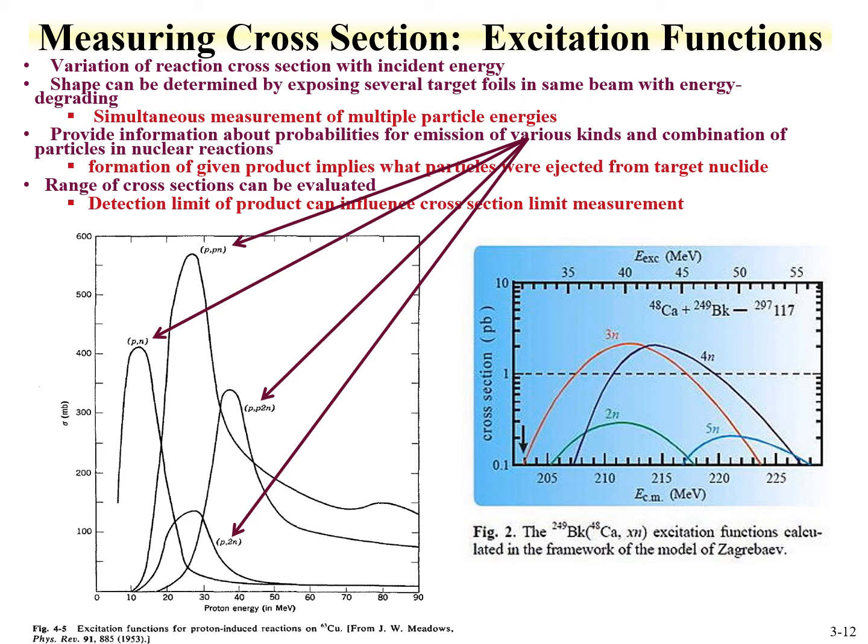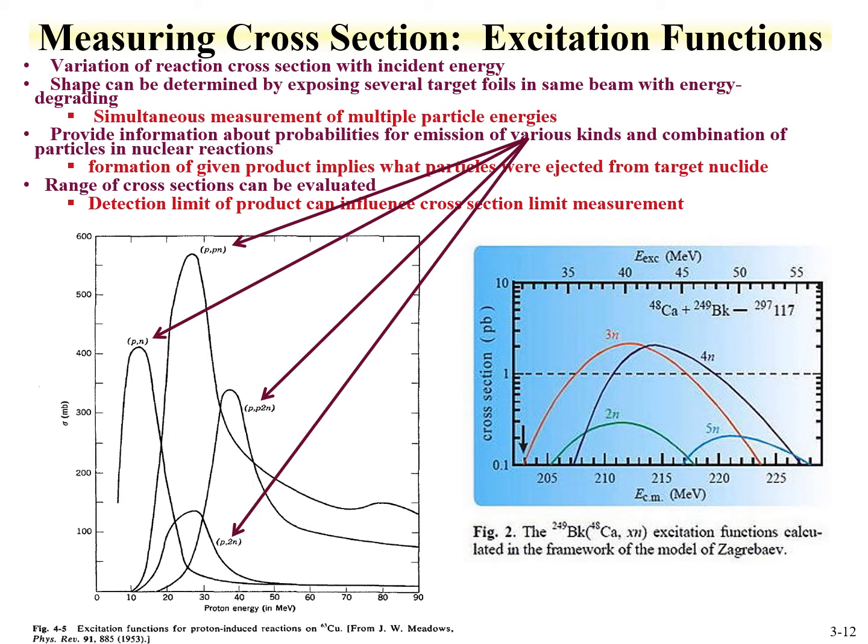If I put in a number of different copper foils and expose this to a single beam, each time that beam passes through one copper foil, it'll decrease in energy, so I can evaluate different energies and obtain data from multiple reactions at a given time.